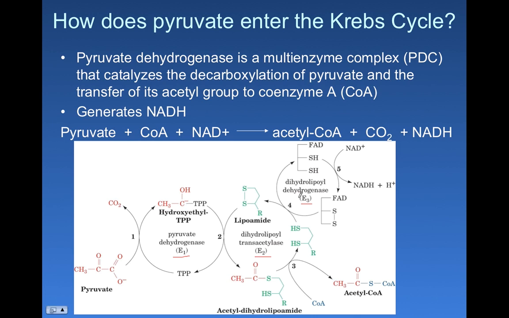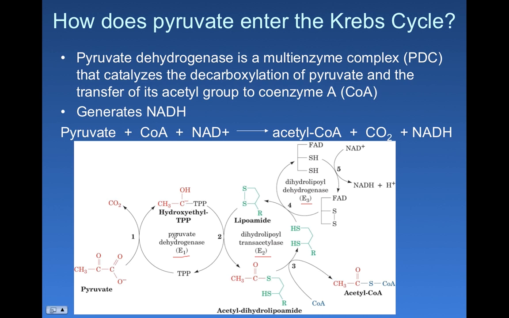Now, why do we have such a big, crazy complex with all these enzymes sort of stuck together? Well, the thought is that during evolution it was favorable to have these separate enzymes come together, and you can think of it as almost like putting together production into one factory, right?